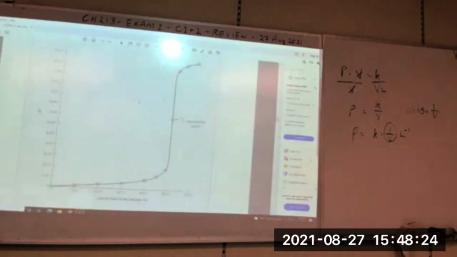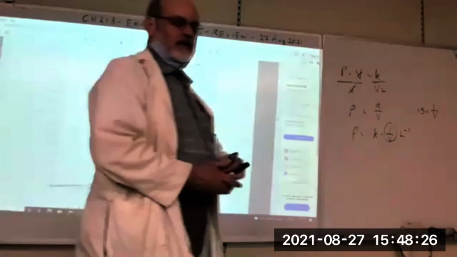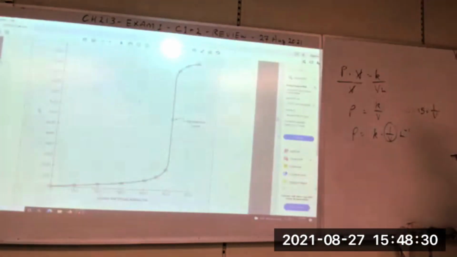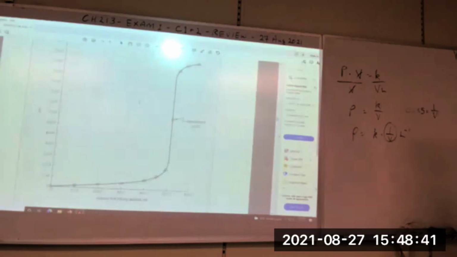There we go. So this sigmoid curve is actually a titration curve. So the amount of base we add to the solution is the independent variable, and the dependent variable is the pH. We measure the acidity of the solution with pH.